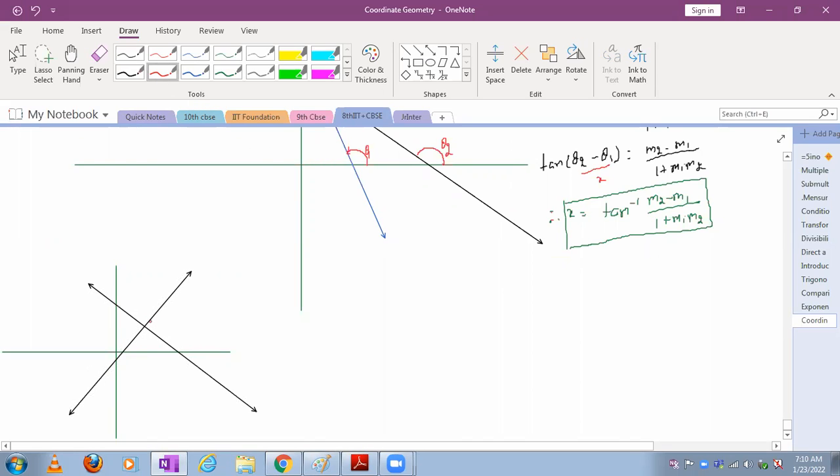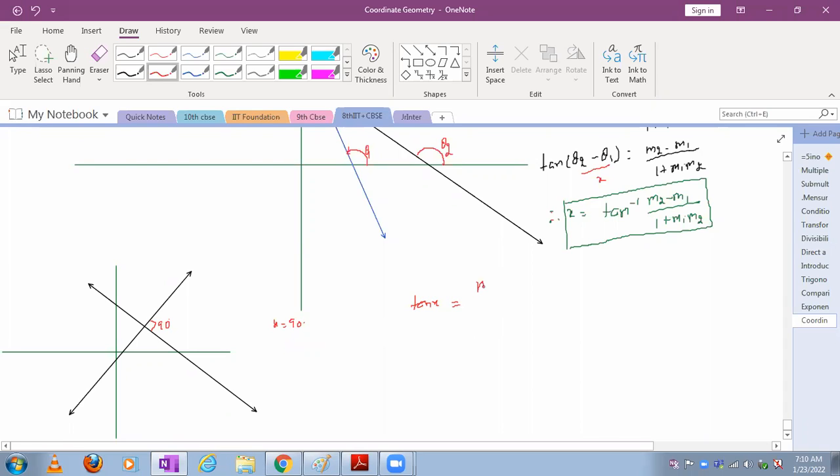And see, if the angle between the two lines is 90 degrees. Okay? The angle between the two lines is 90 degrees, means x is equal to 90 degrees. Then what will you say? Tan x is equal to what?